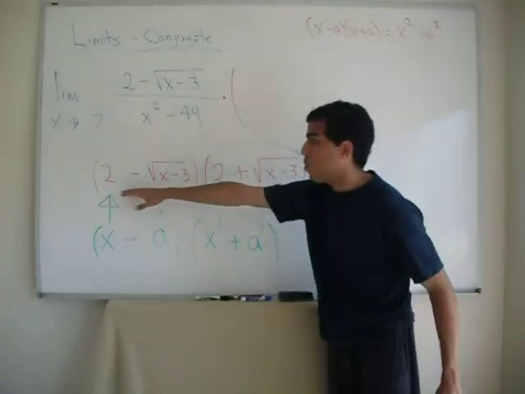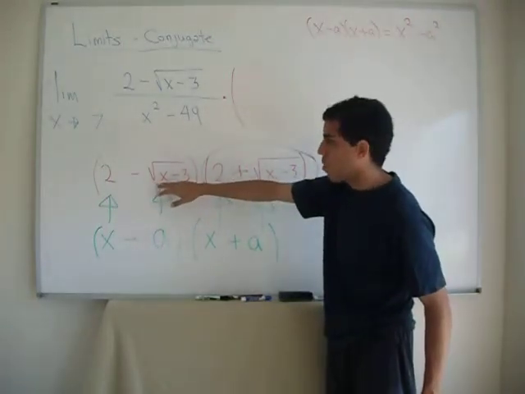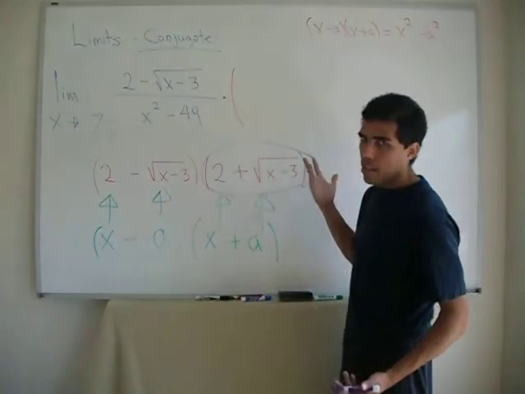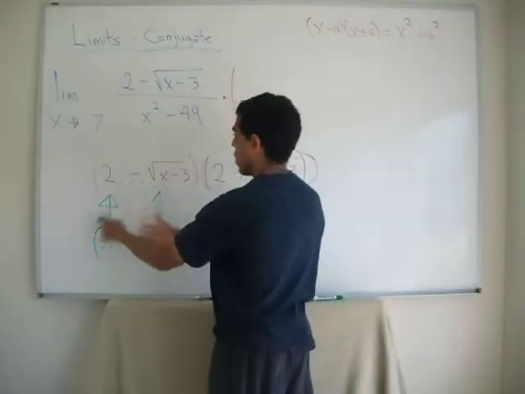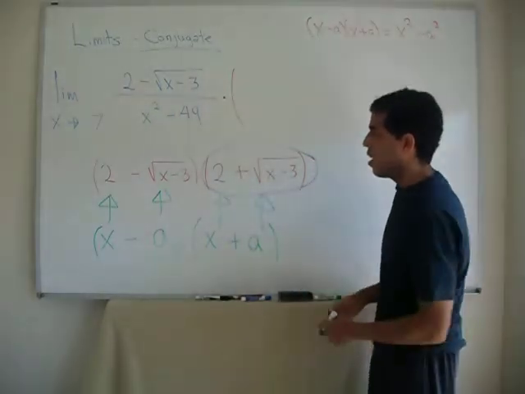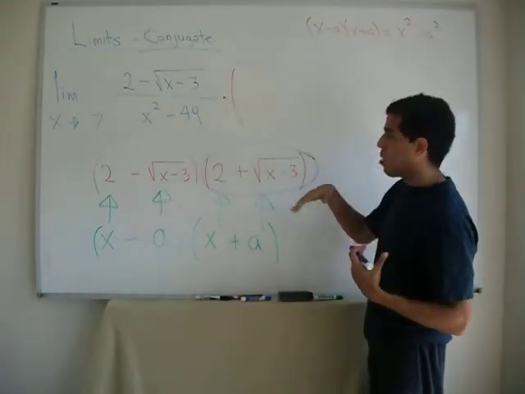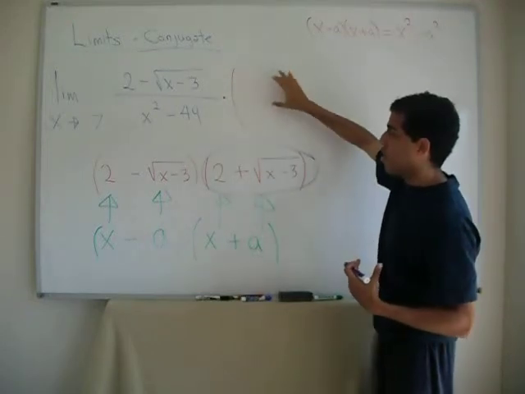This is the same thing as doing this: 2 minus square root of x minus 3, 2 plus square root of x minus 3. Each element is associated. And now, so that we don't affect the function, we are going to multiply the function by the conjugate upper and lower.